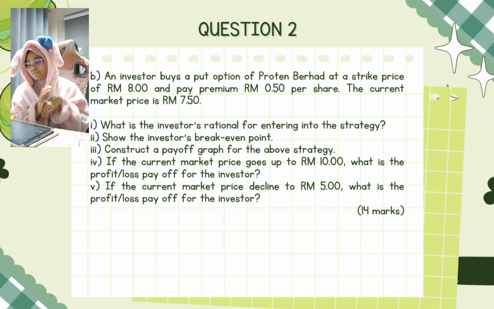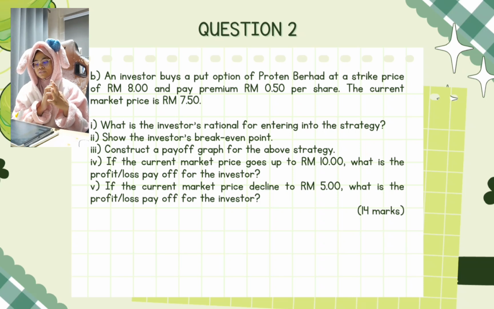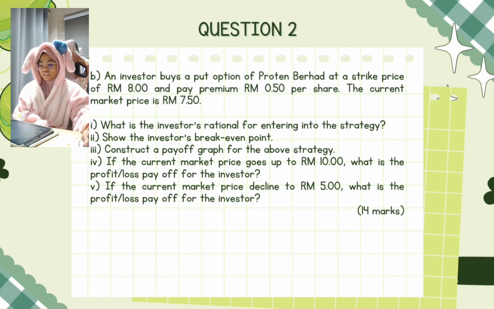An investor buys a put option of Pro10 Berhad at a strike price of 8 ringgit and paid a premium of 50 cents per share. The current market price is 7 ringgit 50 cents. So what is the investor's rationale for entering into the strategy? Show the investor's break-even point.